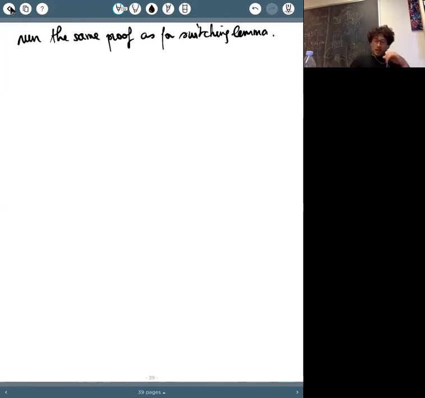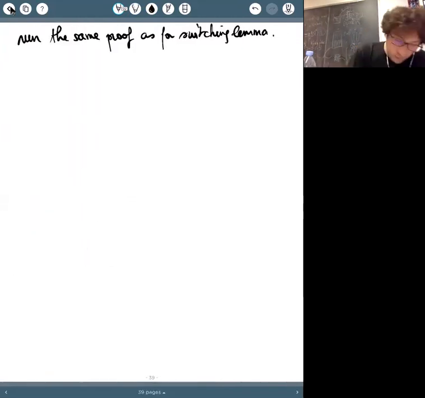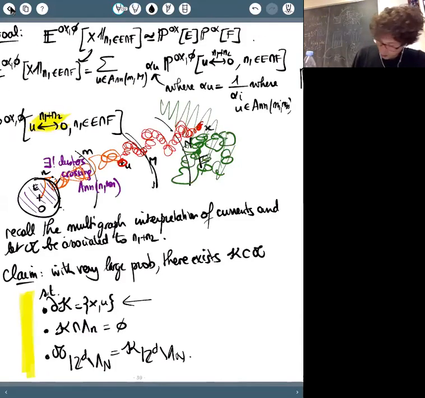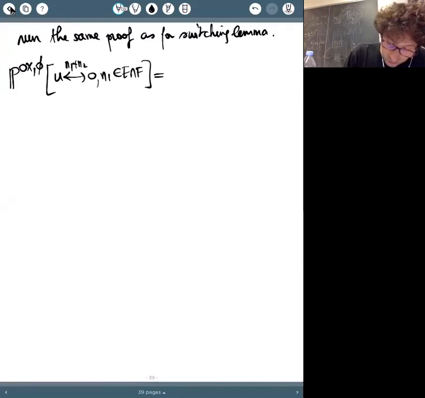Here, you can do the symmetric difference with this K. And when you do that, you end up with the fact that the probability 0x empty set of U connected to 0 in N1 plus N2 and N1 belong to E intersected with F is sigma 0, sigma U, sigma X over sigma 0, sigma X.